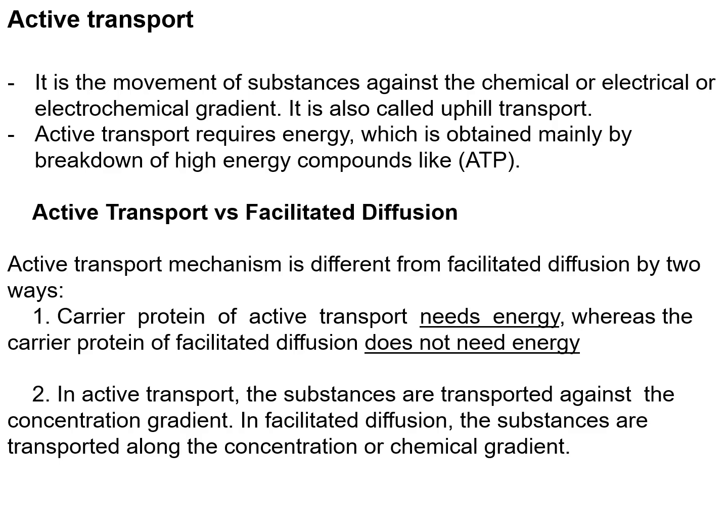If you want the difference between active transport and facilitated diffusion, first, in active transport we have the movement of molecules against the concentration gradient, while in facilitated diffusion they move with the gradient, not against it. And in facilitated diffusion we do not require energy, while in active transport we require energy. That's a major difference between active transport and facilitated diffusion.